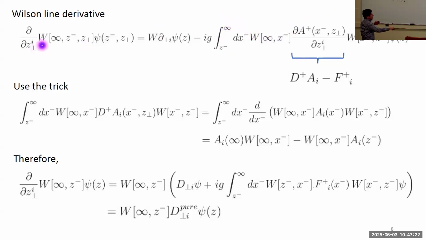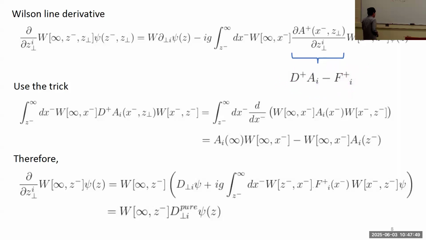This is a path-ordered exponential over A plus. If you take the derivative, you get something like this. A plus is differentiated at any point in the minus direction, so you have to integrate over this minus direction from z minus to infinity. Now, this is the first step. The next step is that I replace this part like this one.